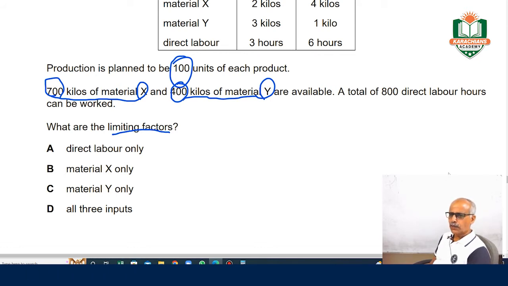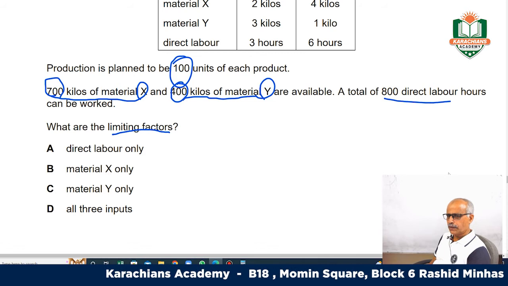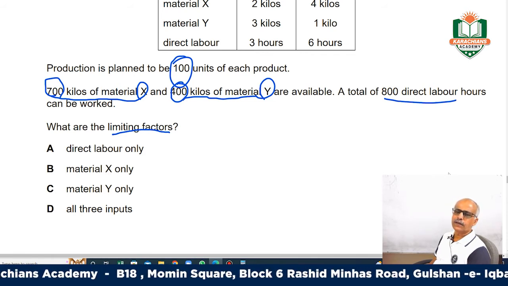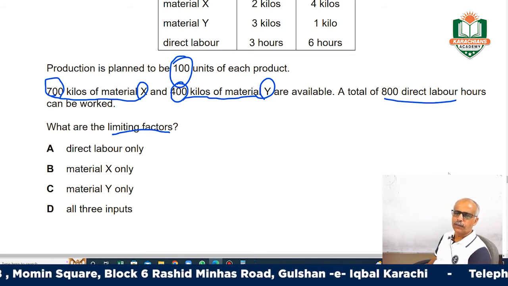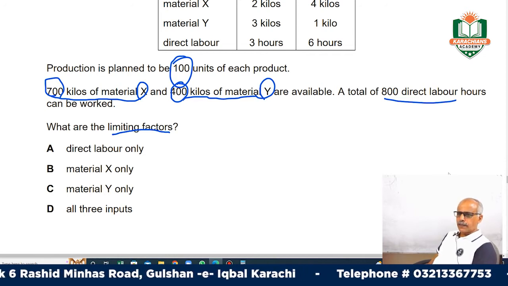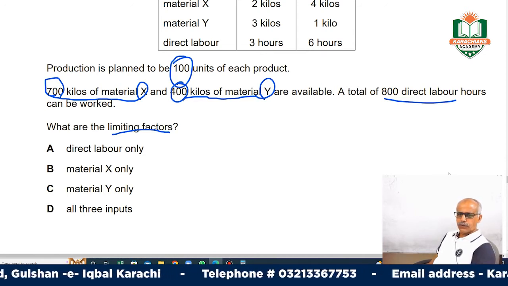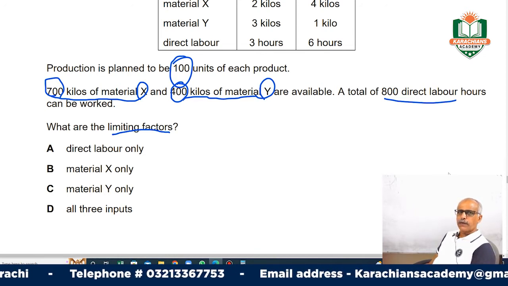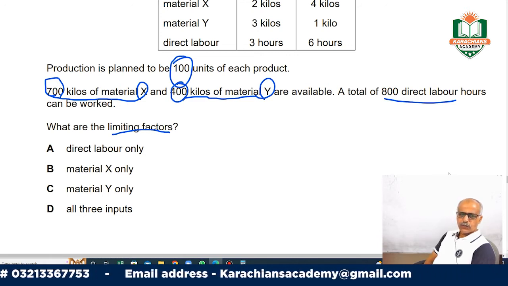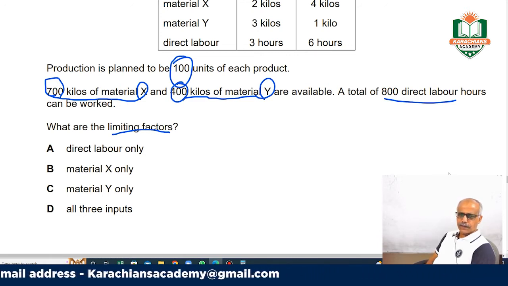A total of 800 direct labor hours can be worked. This is also a limiting factor. In 800 labor hours you have to produce both products.